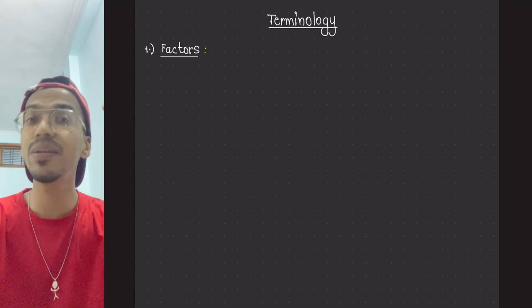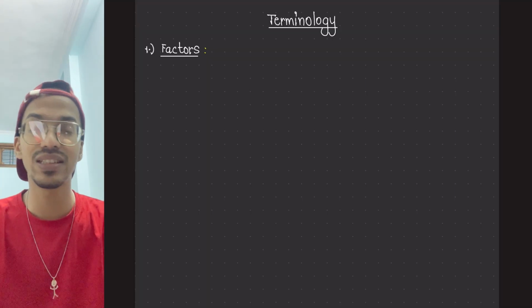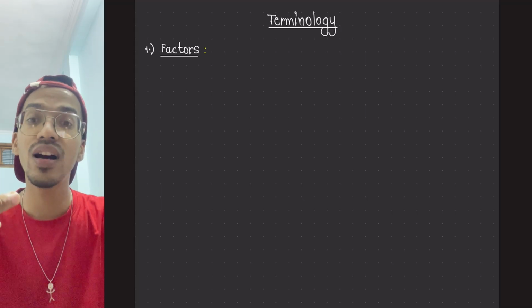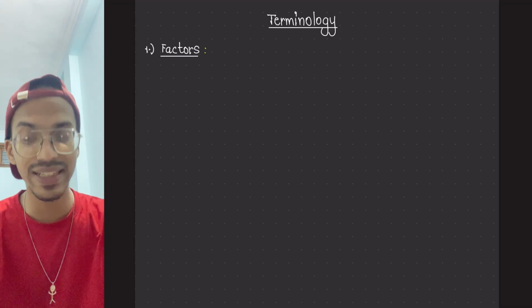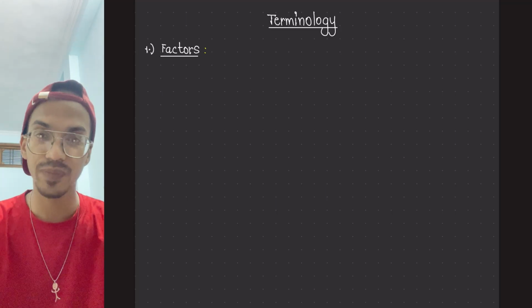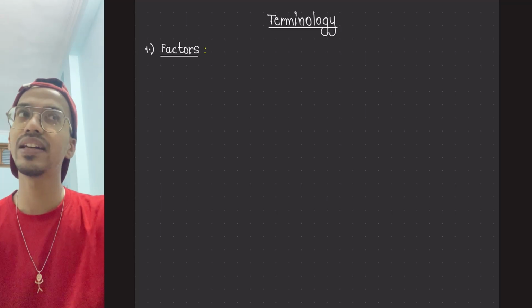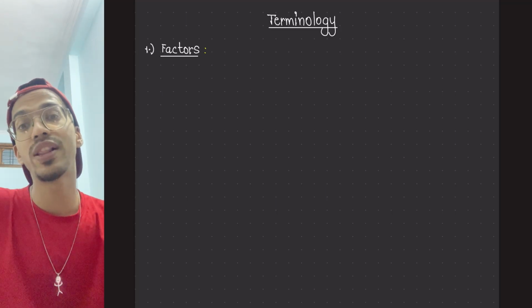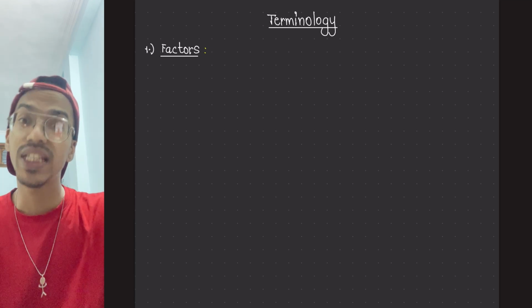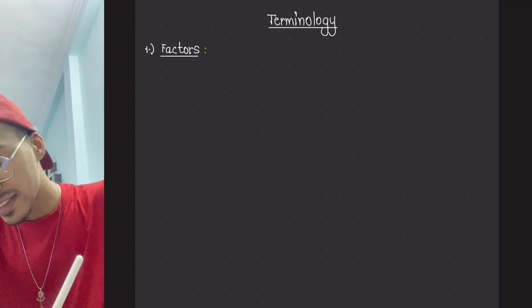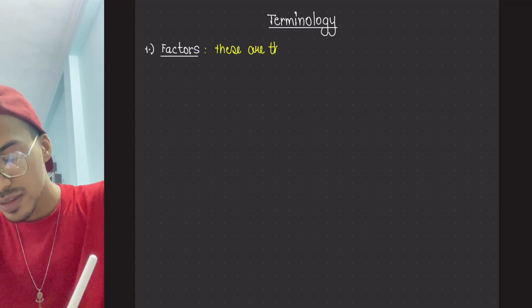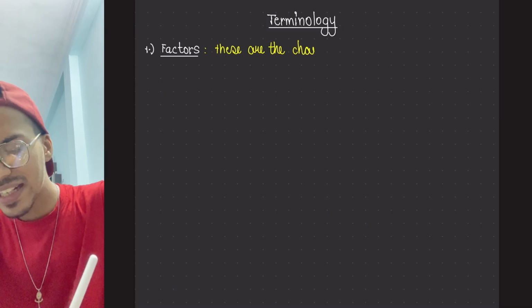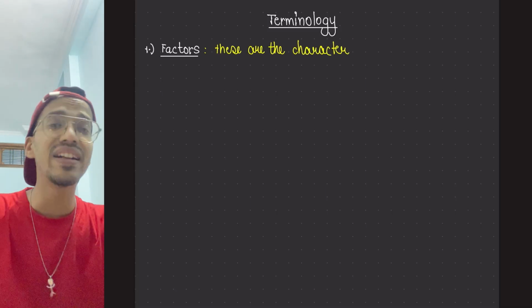Whatever characters are given by certain things, for example the character of tallness, the character of height, that is what? Factors. In reality, currently we call them genes. So factors are the characters. We are writing it very basically so that you can understand it.